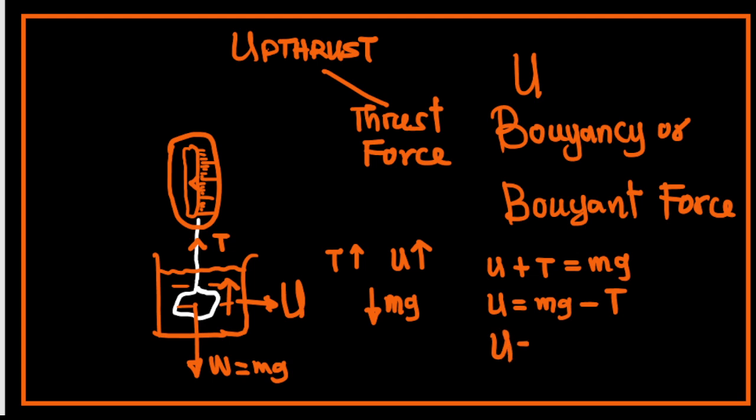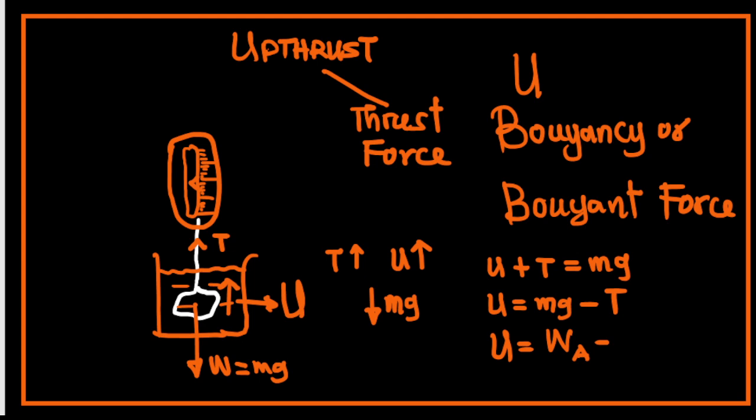So this is like saying this mg is the original weight of the object, which is called the weight in air. Then this tension is no longer the weight of the object. It is recording, let's call it the fake weight of the object, which is specifically called the apparent weight of the object. That is the weight of the object while inside the liquid.